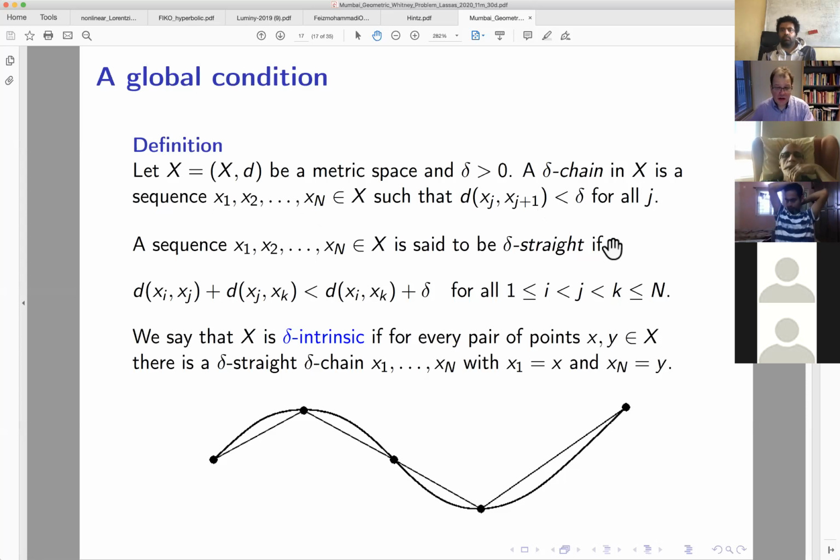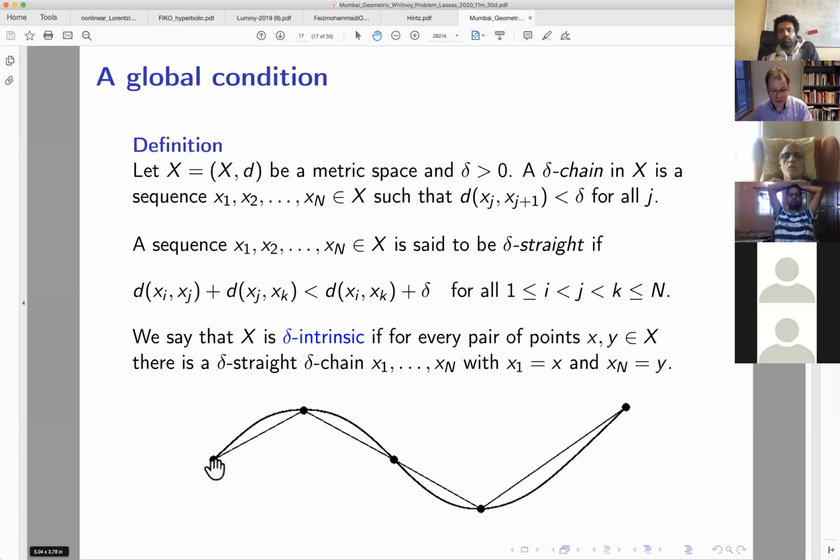Then we have another definition. We say that the sequence is delta straight, so it's almost like a straight line or almost like a geodesic, if this inequality is valid. What this inequality says: if x_i is here and x_k is here, we consider the distance from x_i to x_k.